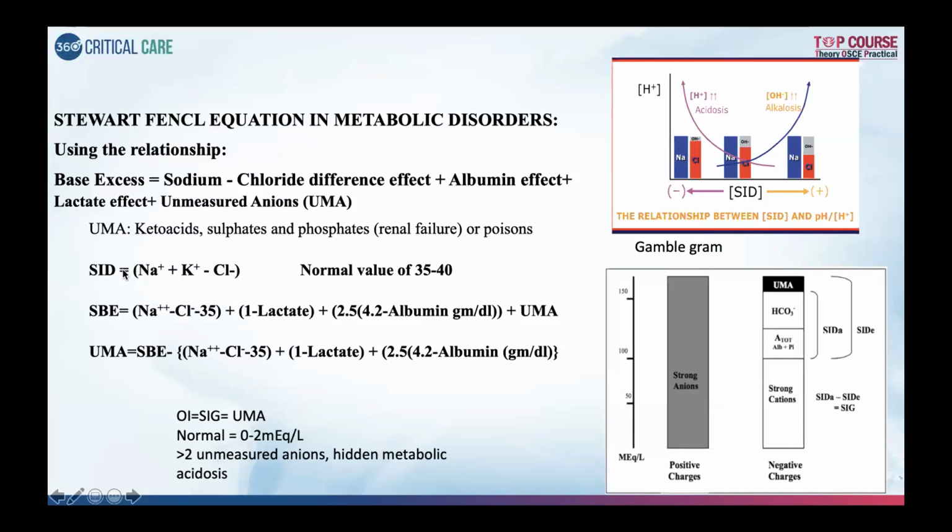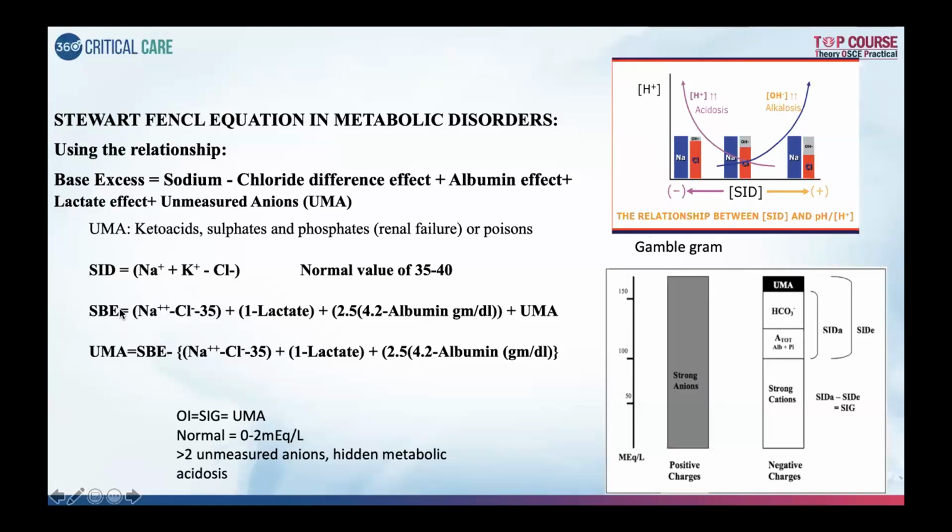This gives the strong ion difference. The normal value is 35 to 40. If it is lesser than that, it is going to be acidosis. If it's more than 35 to 40, it is alkalosis. So you have to remember this.